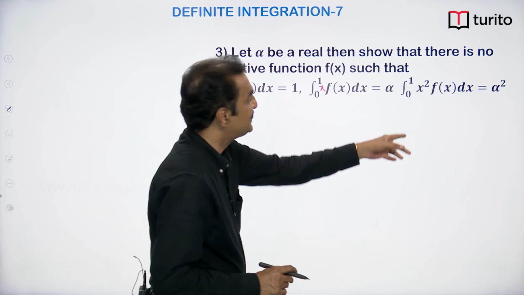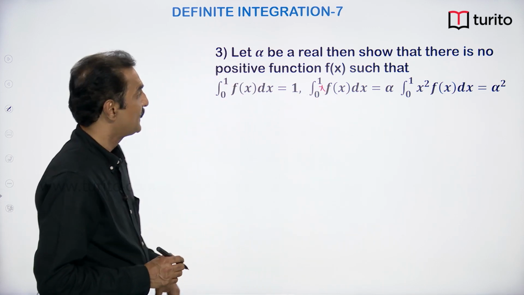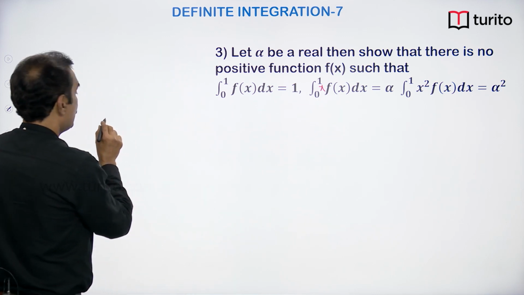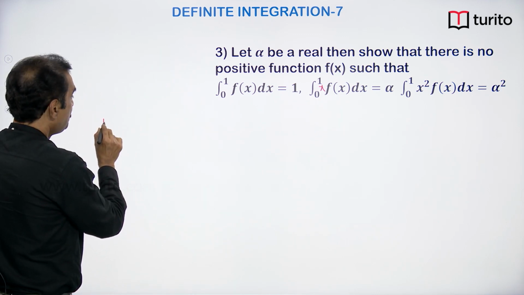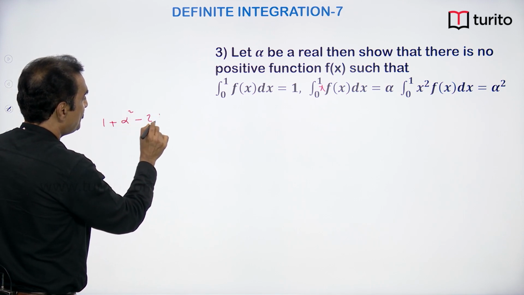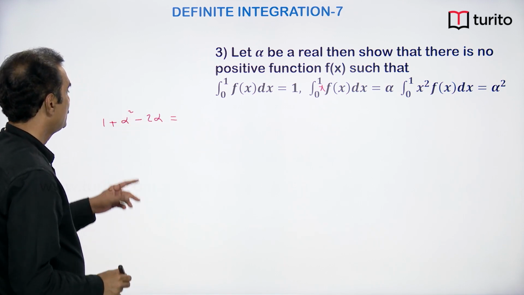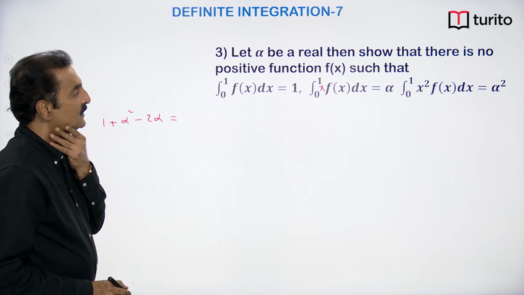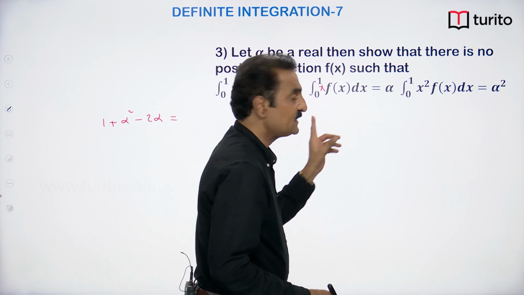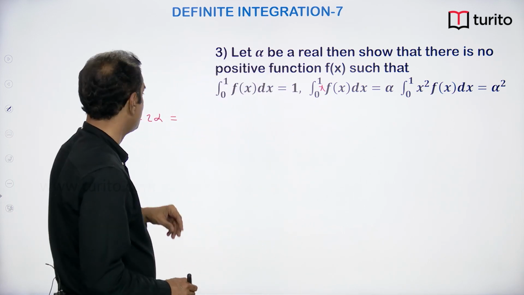let us combine these three integrals as 1 plus alpha square minus 2 alpha. 1 plus alpha square minus 2 alpha is alpha minus 1 whole square, is it not?